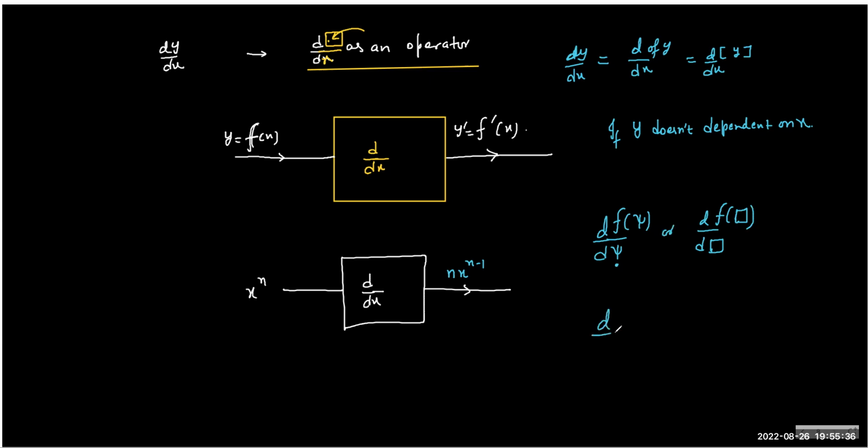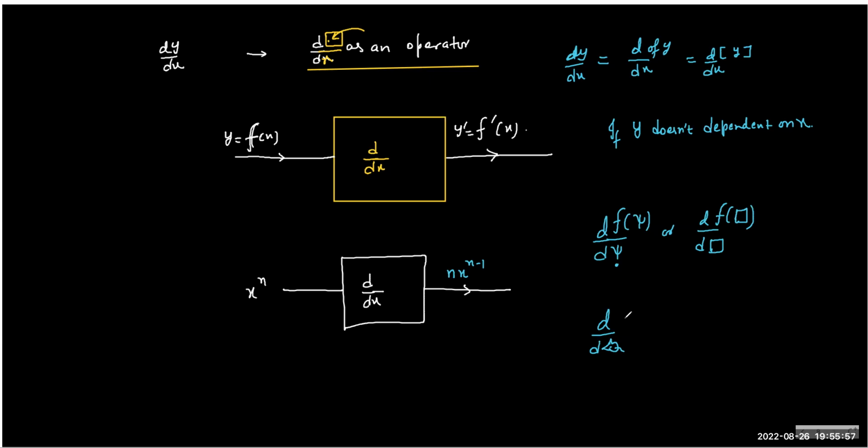So if I say d by d of rat, then this will operate on which variable? I'm changing the rat, so the output must depend on the rat. Then only can we define the differentiation, isn't it?